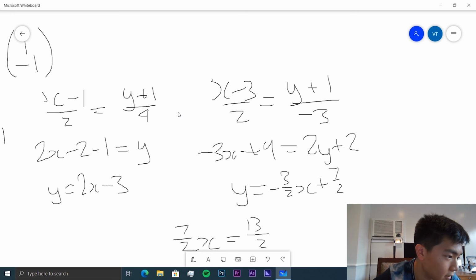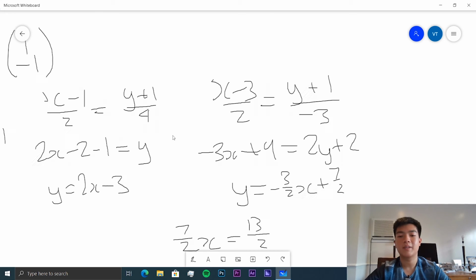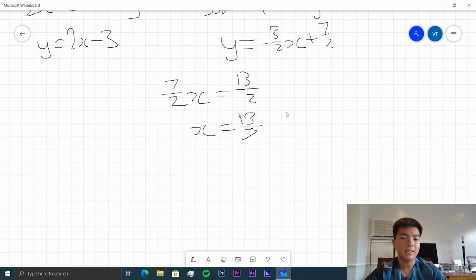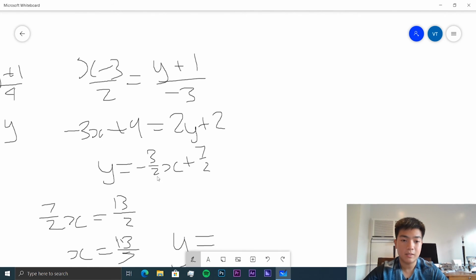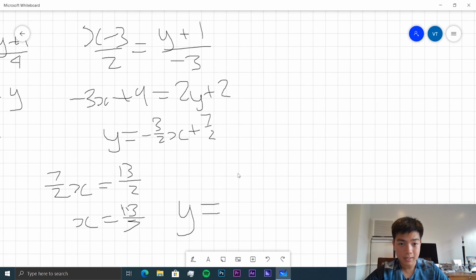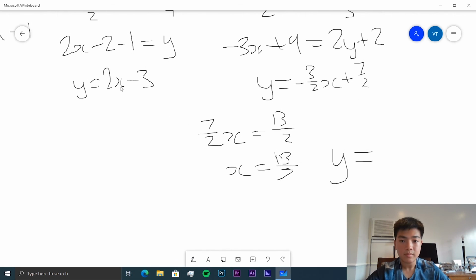The book's made an error. Okay, well, the book has made an error, so I'm going to go with my answer, x equals 13 over 7. Why? Because the book assumed that this is 2x minus 3, which it's not. So y is equal to 26 over 7 minus 3.